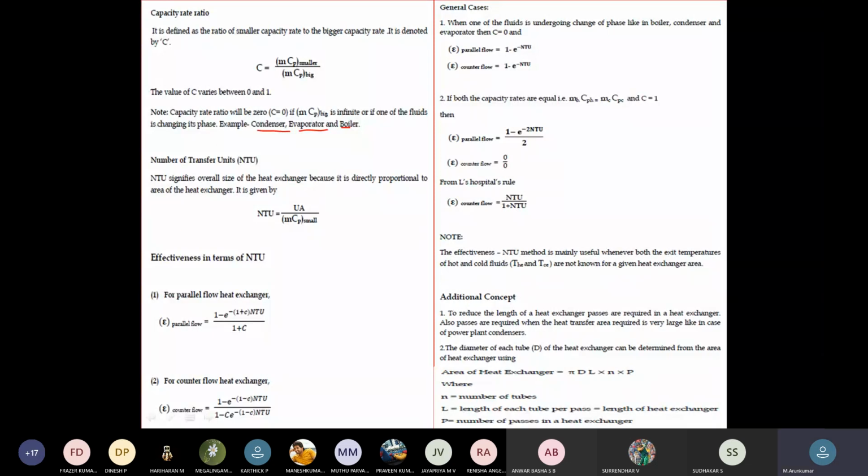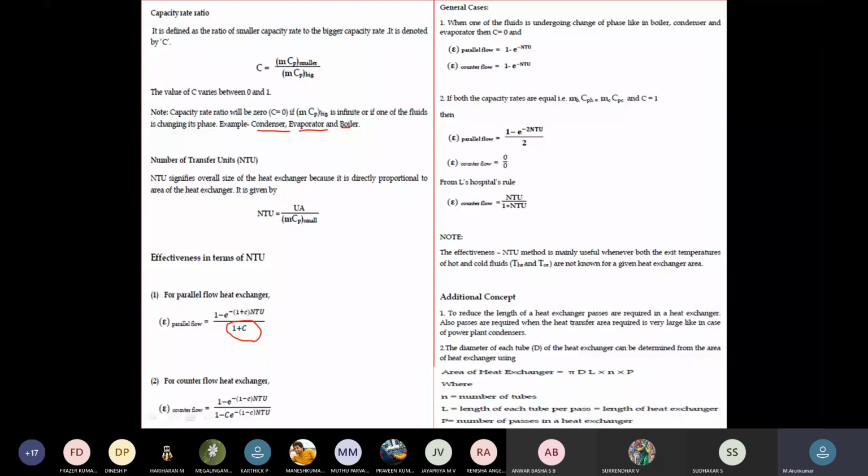Right, so the effectiveness in terms of NTU: for a parallel flow heat exchanger, the effectiveness will be 1 minus e power minus (1 plus C) NTU, divided by 1 plus C. For counterflow, the effectiveness can be written as 1 minus e power minus (1 minus C) NTU, divided by, instead of 1 plus C, 1 minus C e power minus (1 minus C) NTU.